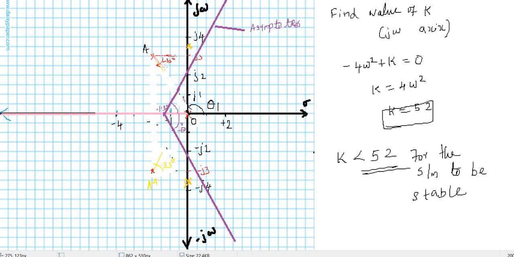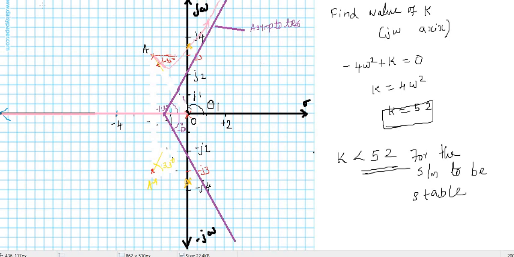You can see that I am starting this through the angle of departure, and after some point the root locus should asymptotically go to infinity. So this is our root locus here.